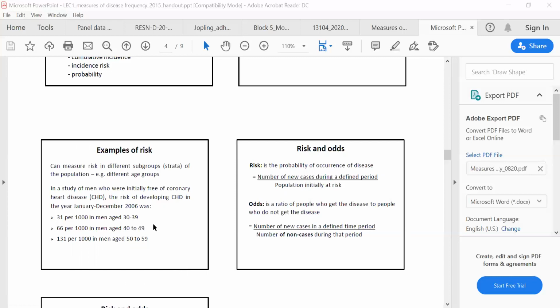Then we have what we call odds. What are odds? For risk, the formula is the number of new cases during a defined period over the population initially at risk.